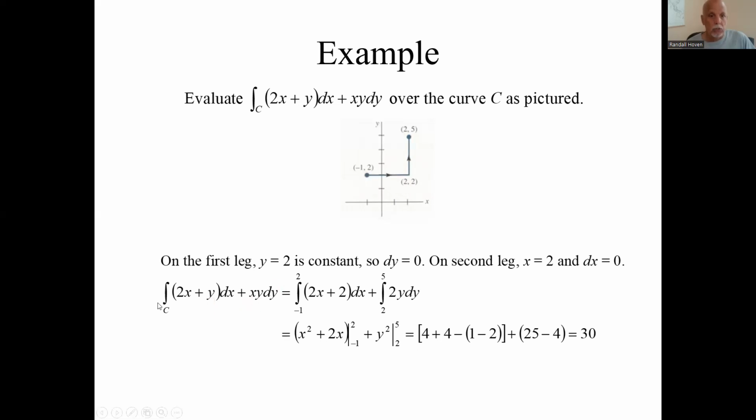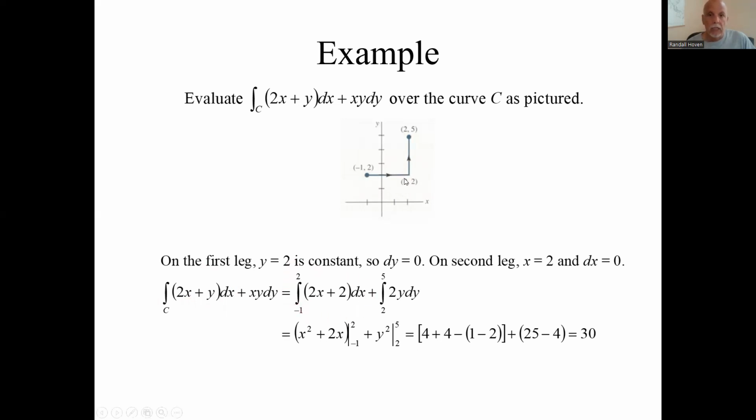So the whole integral for the first leg is just, there's the integrand, 2x plus 2 dx. And we're worried about where x goes, because that's what we integrate over. It goes from -1 to 2. So there's the first leg.